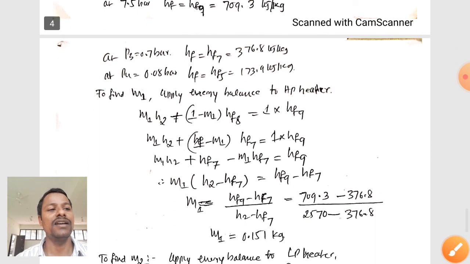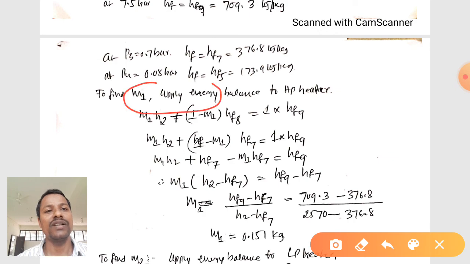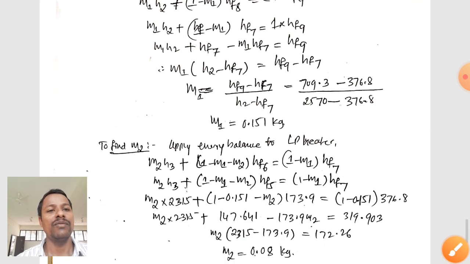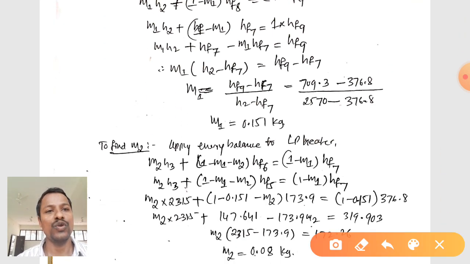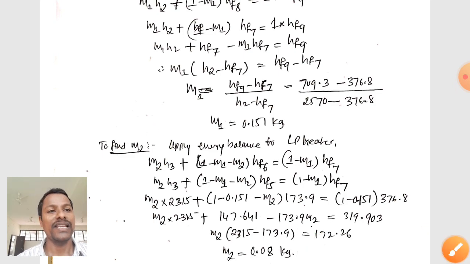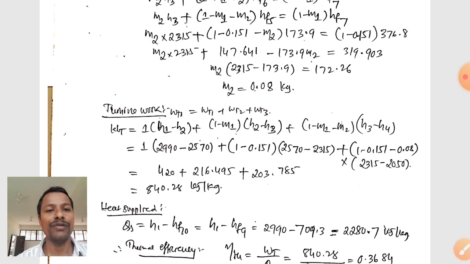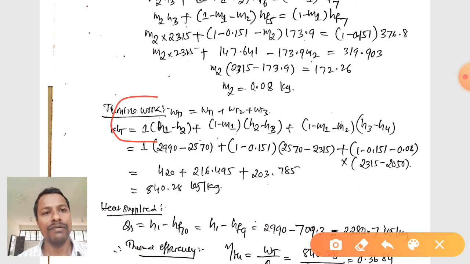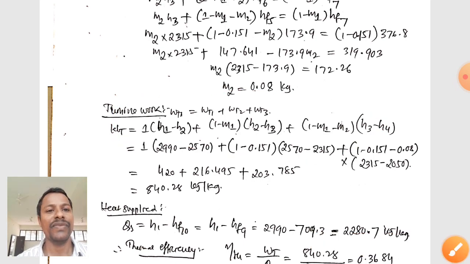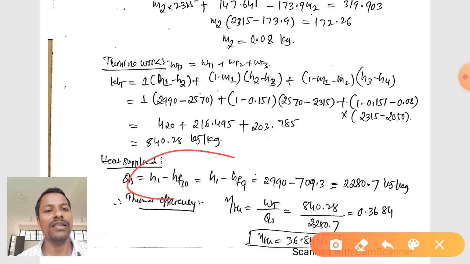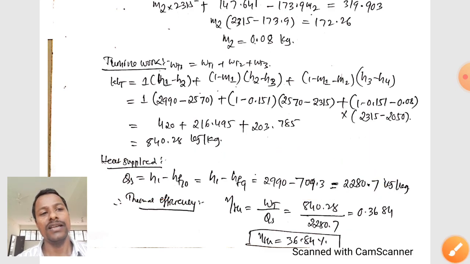Then we calculated the mass of the bled stream M1 and M2 by applying the energy balance to the feed heaters. After that, once we knew all the values, we calculated the turbine work, then the heat supplied, and finally the thermal efficiency.